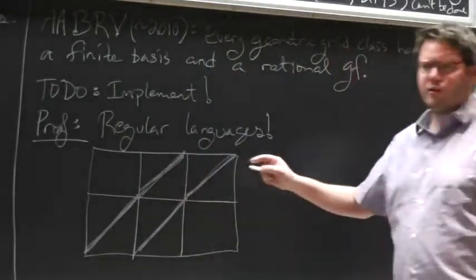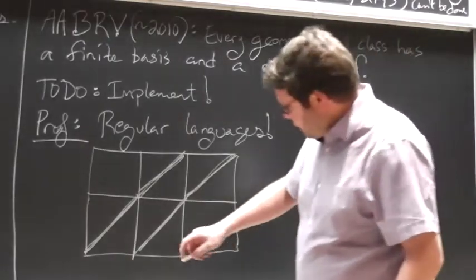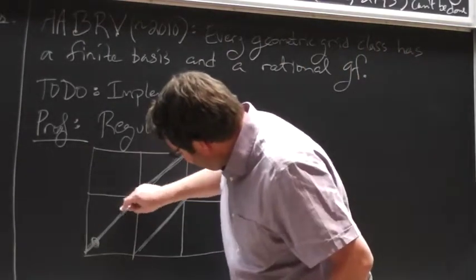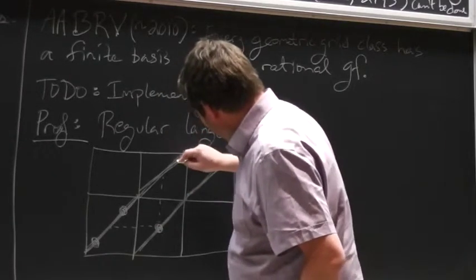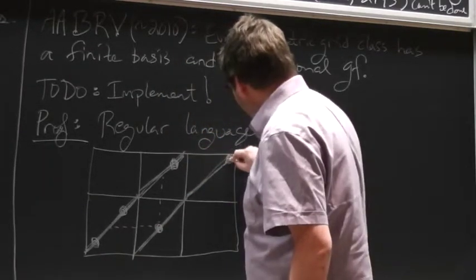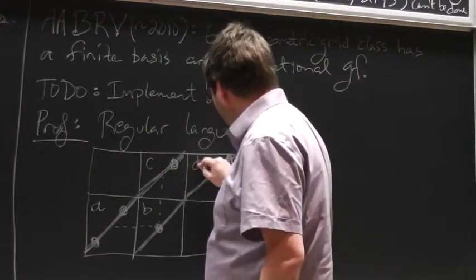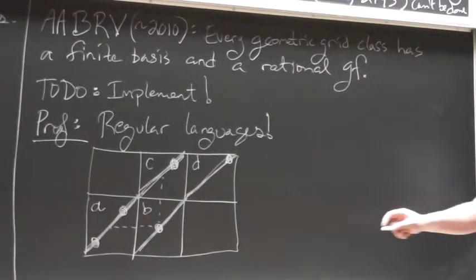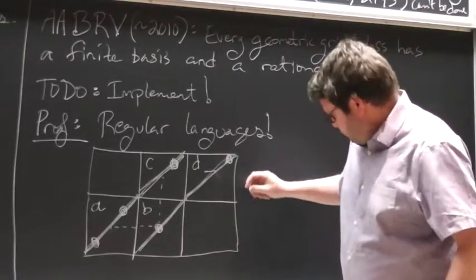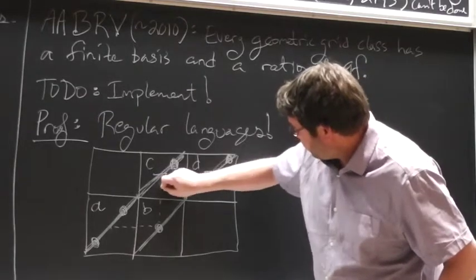Okay, let's say this was our matrix. So I've got 4 cells that are filled with line segments of slope 1. And I've got some permutations drawn here. And let me label the cells A, B, C, and D. Now, I'm going to say that every line segment is oriented from its bottom left to its upper right.